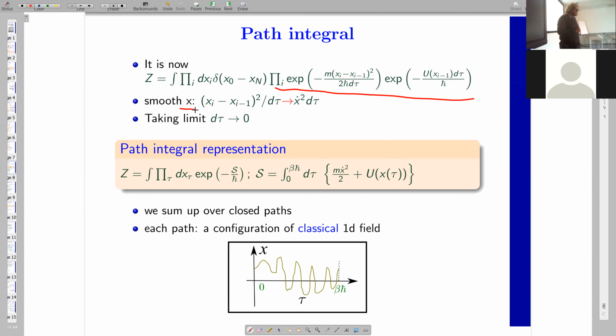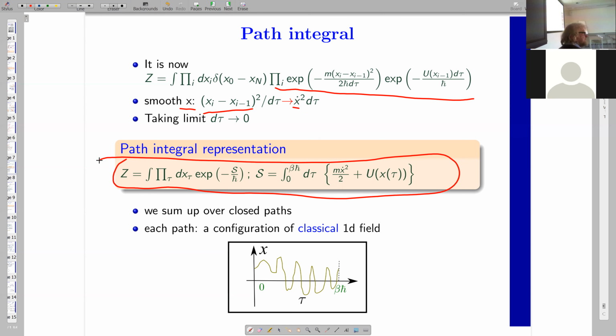With that, I can approximate this difference on neighboring slices with the derivative of this function, the derivative with respect to imaginary time, x dot. Now I'm ready to take the limit delta t to 0, and I end up with the following expression.